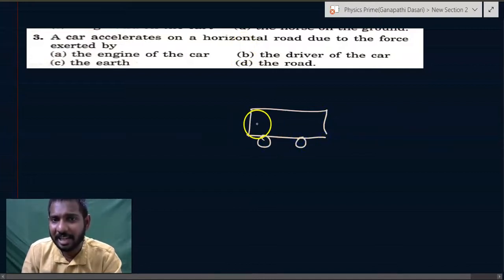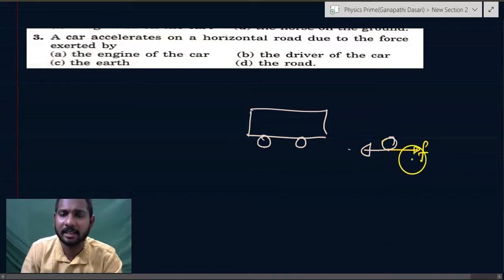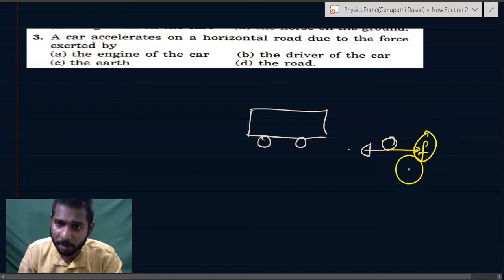So when the engine gives a torque to the wheels, the wheels tend to rotate in this direction. When the wheel is tending to rotate in this direction, the friction will try to oppose this tendency to move in the left direction. The friction will be in the forward direction, and this friction is provided by the road.